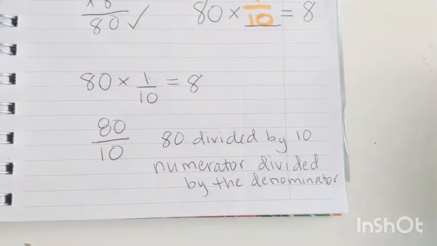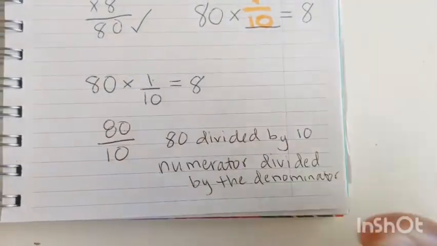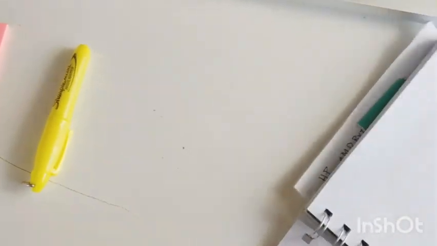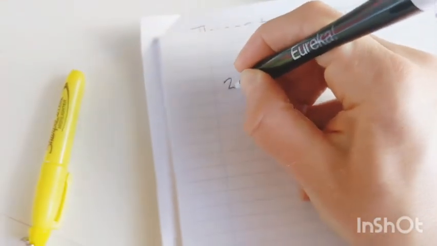Let me show you a couple more example problems in case that is feeling like it's starting to make sense but still a little bit confusing. So, for example, if I have 2/3, how would I write this as a division problem? Try doing it on your own, and then I'll show you what I get.